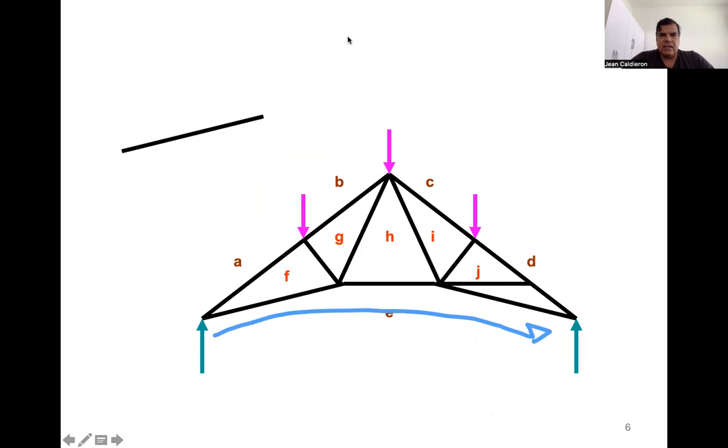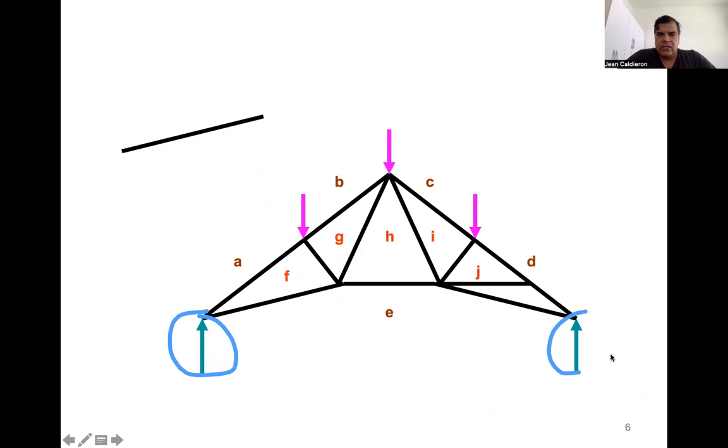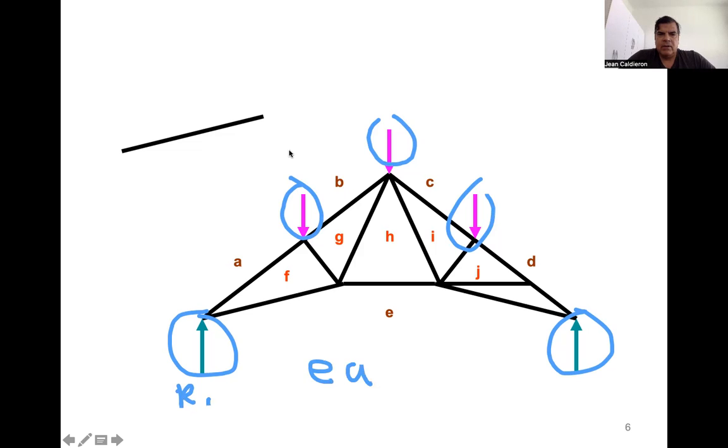What is interesting now is that each one of the reactions and each one of the forces acting, in pink color, has a name we can identify. For example, reaction 1 is the vector EA.